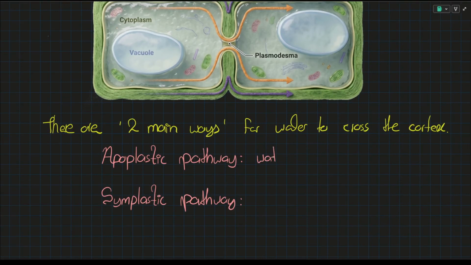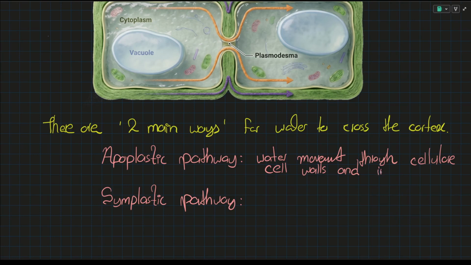This is the movement of water. Now, these are both ways in which water is going to move. This is the movement of water through cellulose cell walls and intercellular spaces.